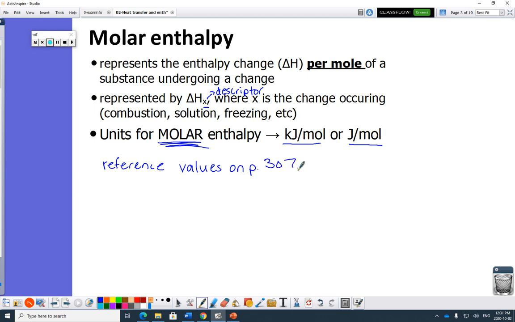So again, somebody might have put a sticky in there, just leave it in there. And so when you go to do the homework, it can be a tiny bit frustrating from the textbook because they're going to expect you to go look up the molar enthalpy. Same thing with a specific heat capacity value. It might not give it to you. Those are the ones that are on page 306.